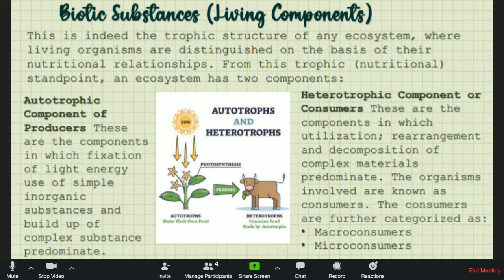These are the components in which fixation of light energy, use of simple inorganic substances, and build-up of complex substances predominate. This component is constituted mainly by green plants, including photosynthetic bacteria. To some lesser extent, chemosynthetic microbes also contribute to the buildup of organic matter.